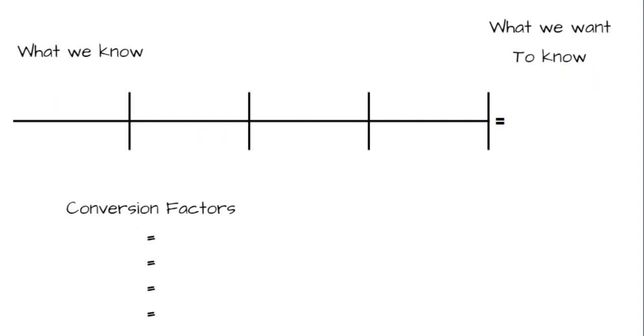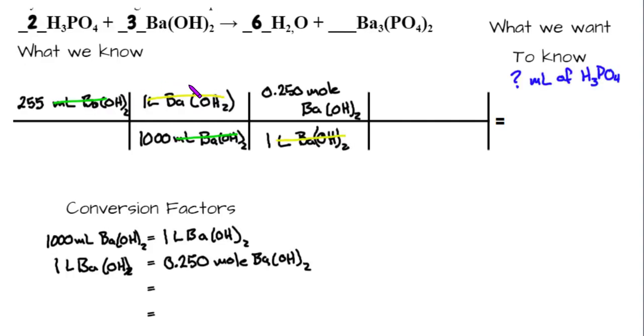At this point, I'm ready to go to Moletown and correlate the number of moles of barium hydroxide with the number of moles of H3PO4. So I see from my balanced chemical equation that for every 3 moles of barium hydroxide, I only need 2 moles of my H3PO4.